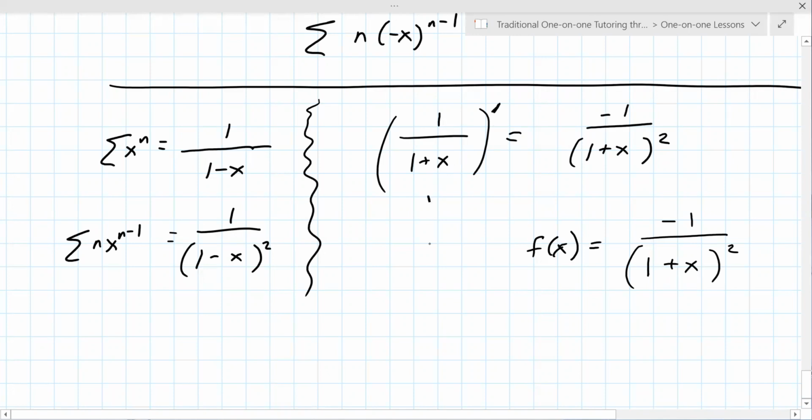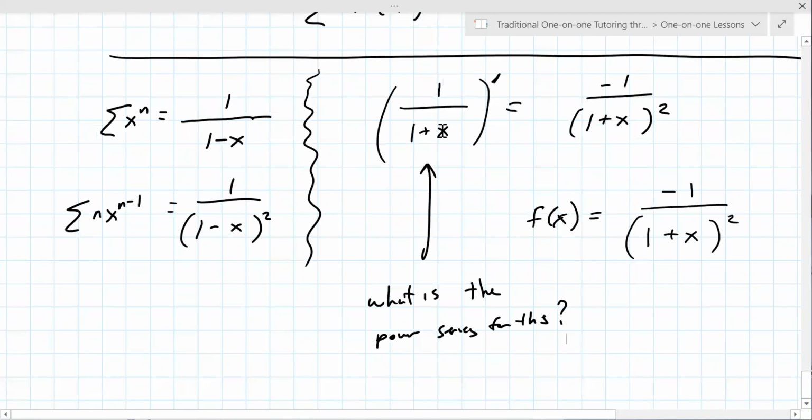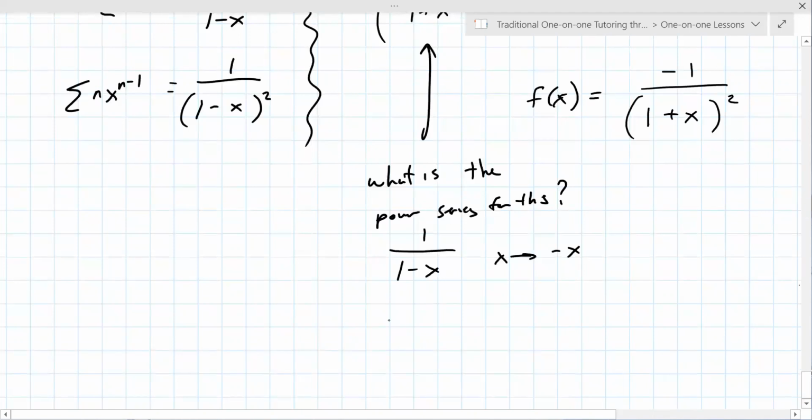So you ask yourself, what is the power series for this? You realize it's really similar to 1 over 1 minus x, but x is now minus x. So the sigma for 1 over 1 minus x is x to the n, and the sigma that you care about is minus x to the n.